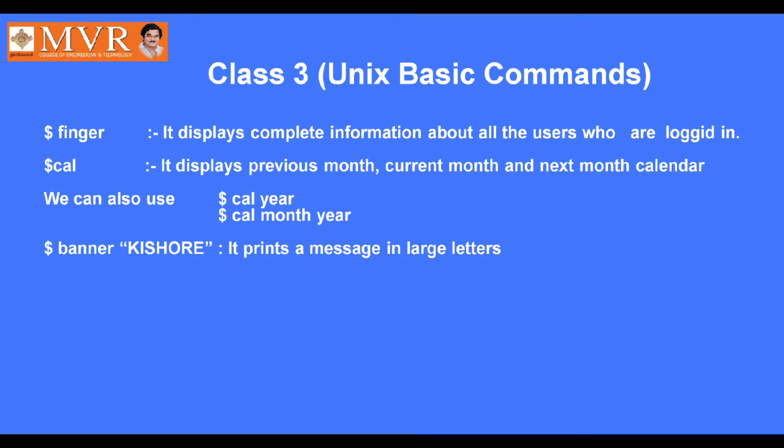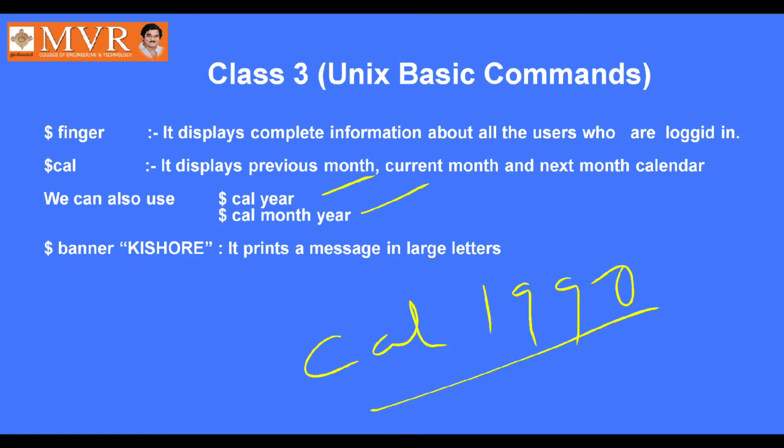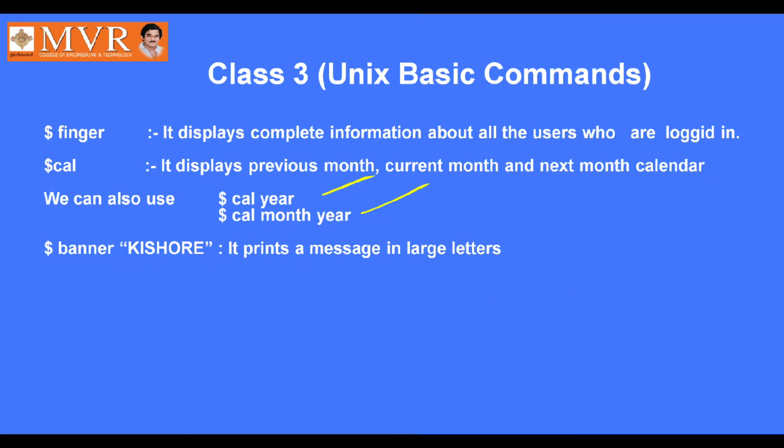The cal command can also be used like shown in the slide. Cal year: suppose you type cal followed by the year 1990, it displays all 12 months of 1990 on the monitor. Also you can use the cal command with month and year.